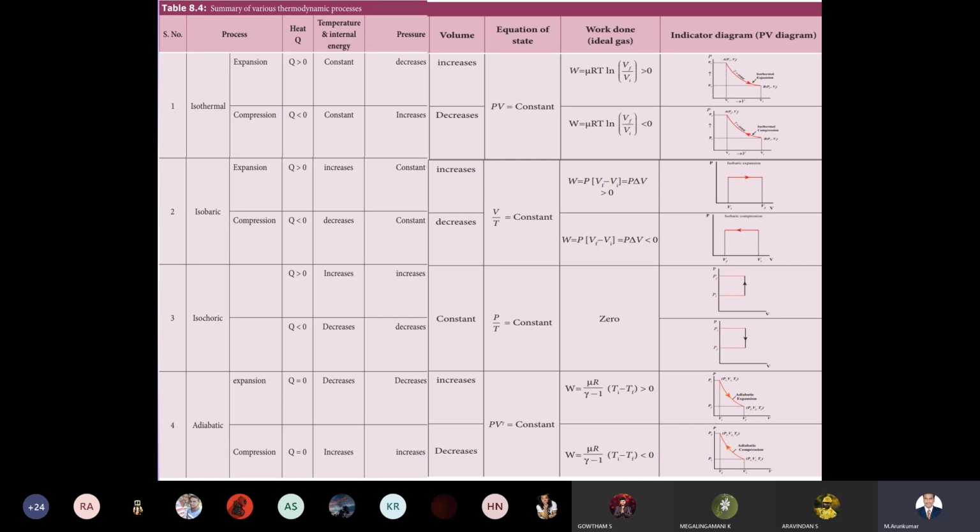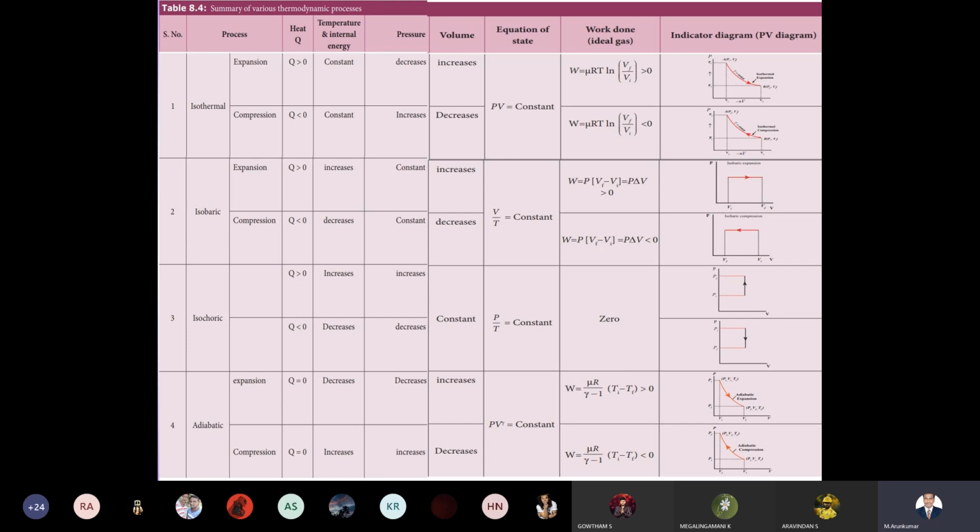So if you look at this figure, you can get some more idea about all the 4 processes. Just keep in mind we have to be clear about the equation of state and the functions of the states and what is the work done in the processes. Then the PV diagram. So if you look at this slide once again, you can compare all.